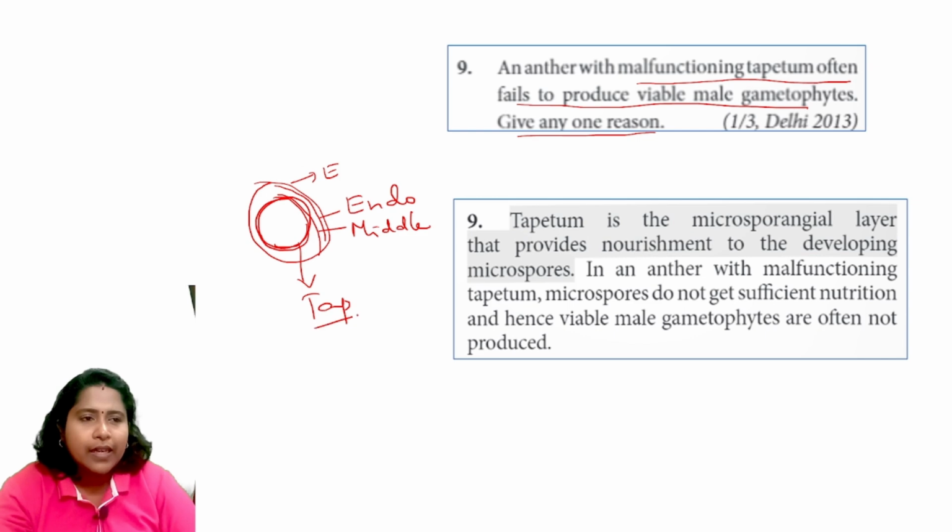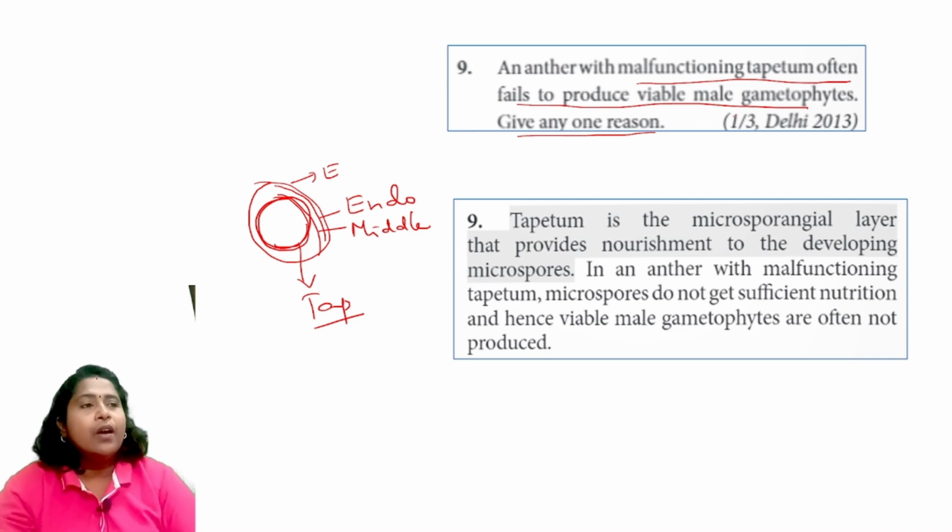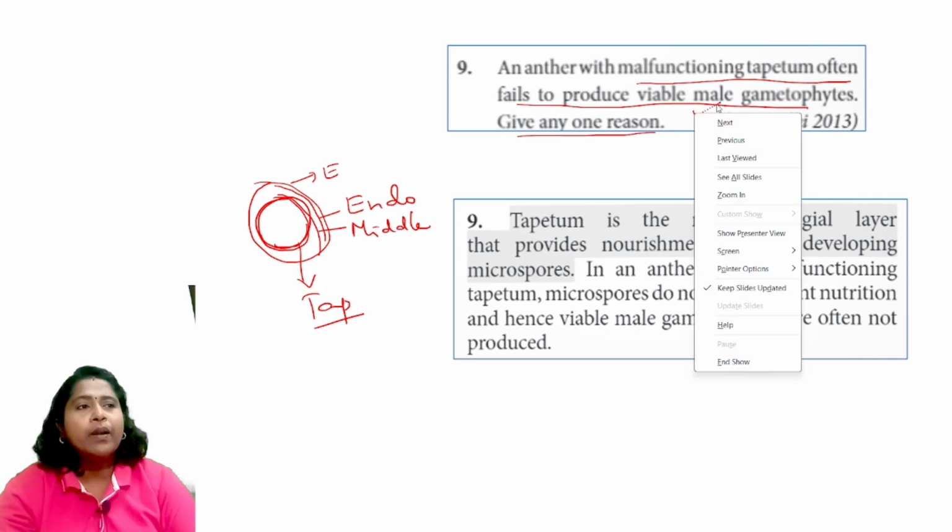This tapetum layer is the innermost layer. What is the major function? It provides nourishment to the developing sporogenous tissue. But if it fails, what will happen? It will not produce viable male gametes.